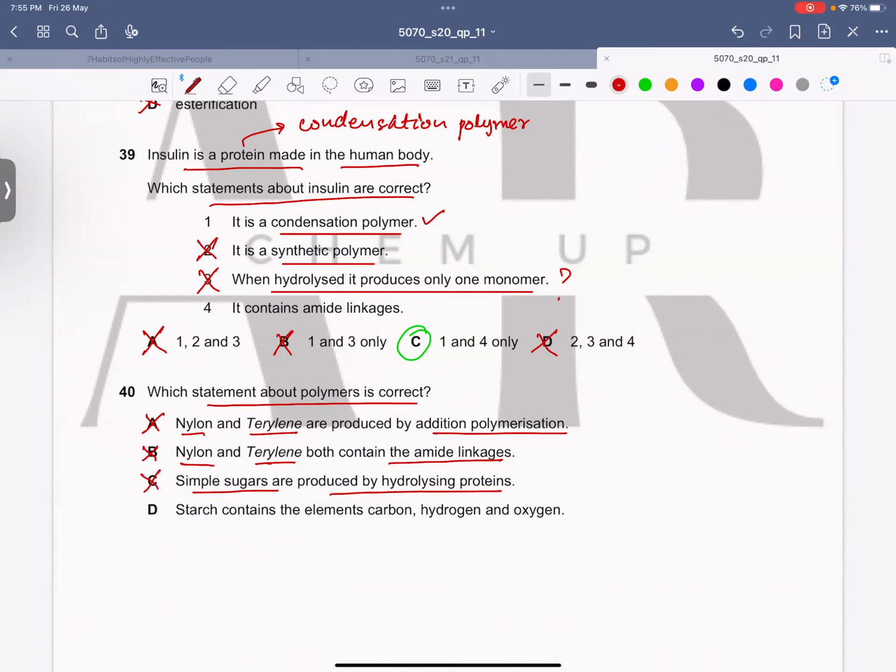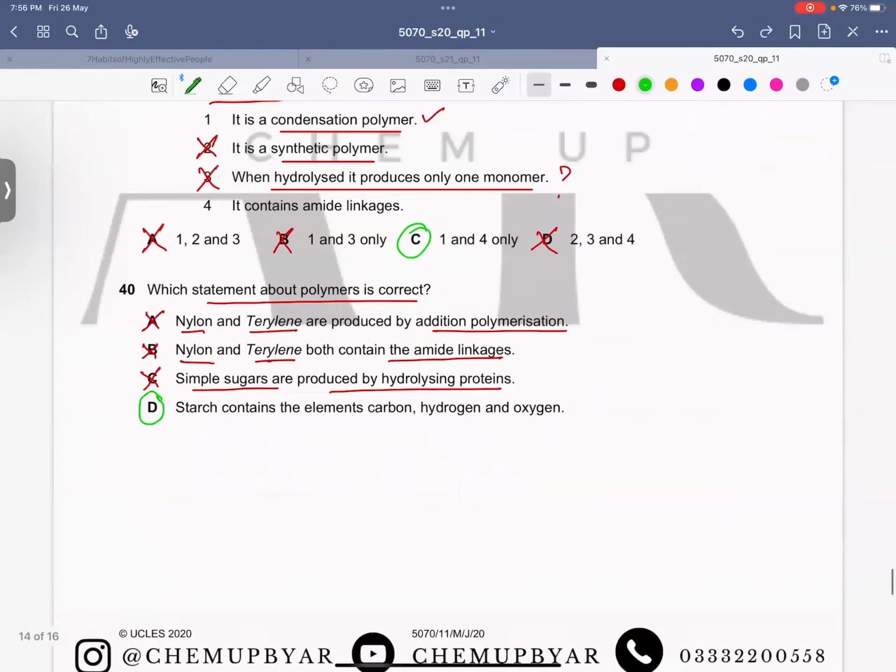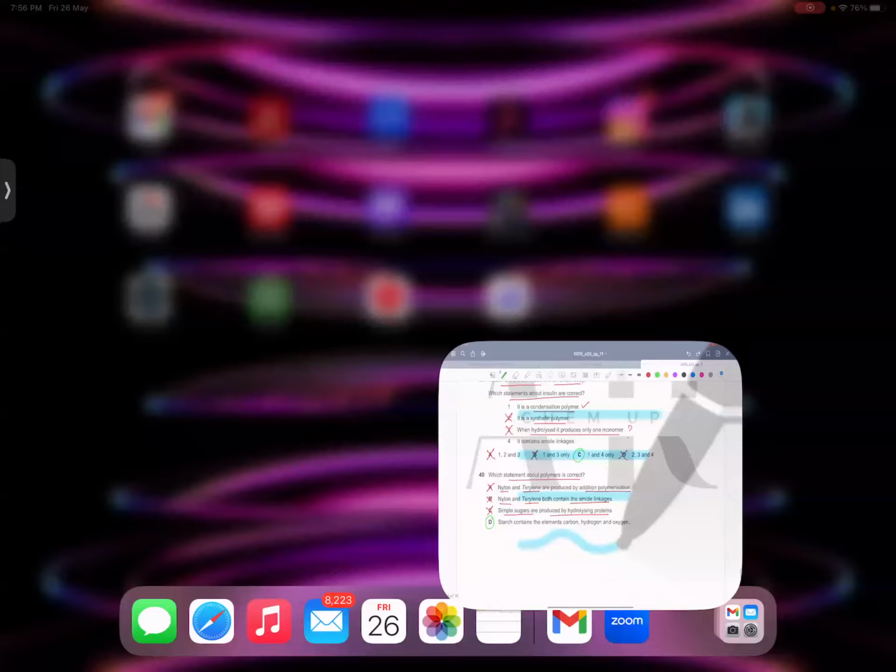Protein hydrolysis gives you amino acids, not simple sugars. Then our option D is correct, that starch contains the elements carbon, hydrogen, and oxygen. Starch is a complex sugar, and for a sugar like glucose, the formula is C6H12O6. So all sugars have carbon, hydrogen, and oxygen only. So here we have ended our paper, right?